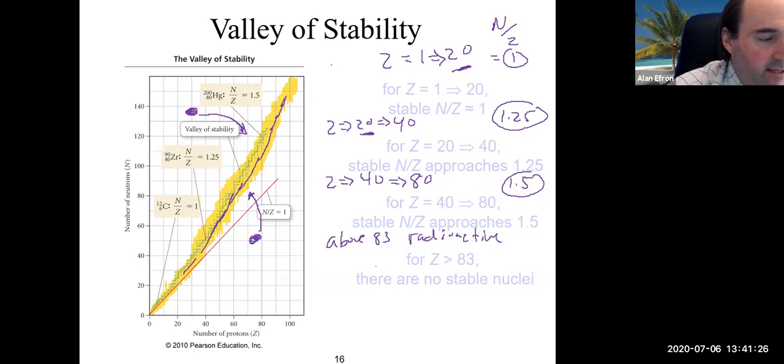For example, if the ratio is found to be too high, like we talked about last time, we will see it go through a beta decay, and that's going to bring it down towards that valley of stability. While if the opposite is true, if the ratio is a little too low, it will go through one of two types of processes. It could go through a positron emission, or it may go through an electron capture.